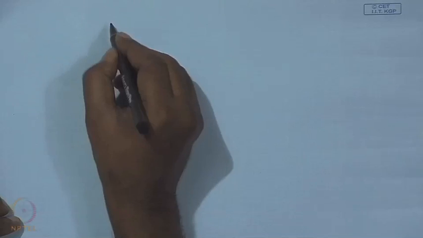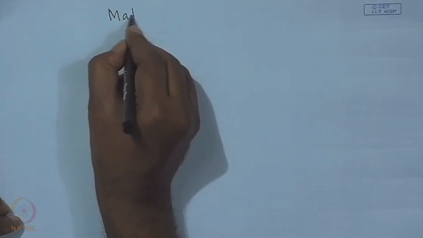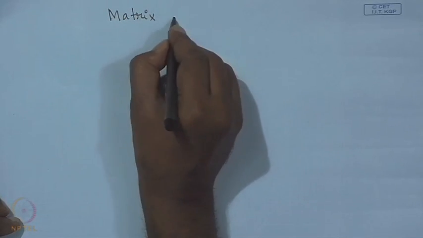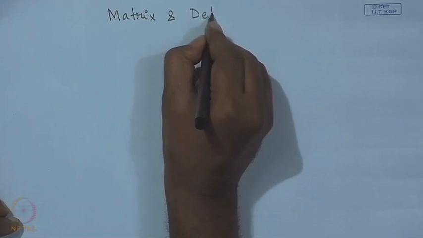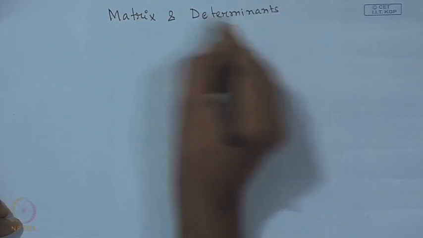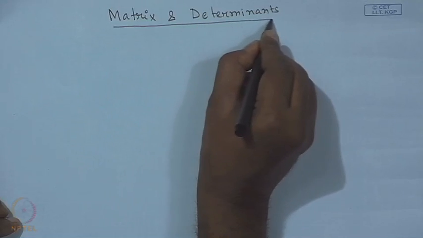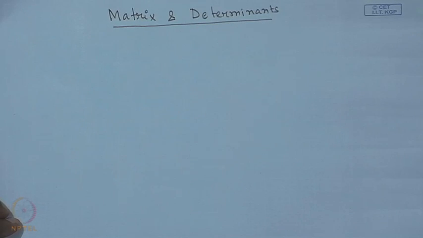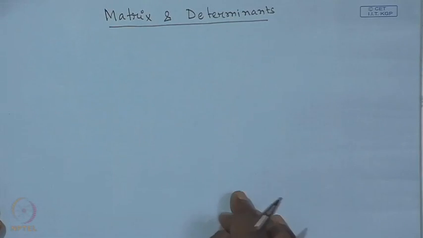Next, we go to the next topic, that is matrices and determinants. We will be discussing some of the important properties, and they are extremely important as far as chemical engineering problems are concerned.